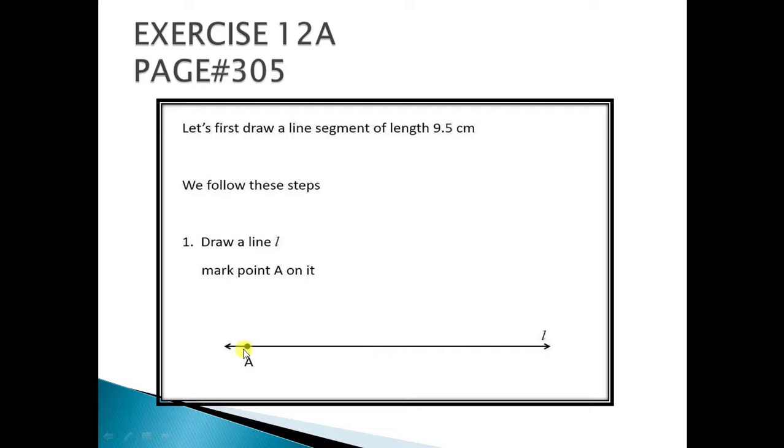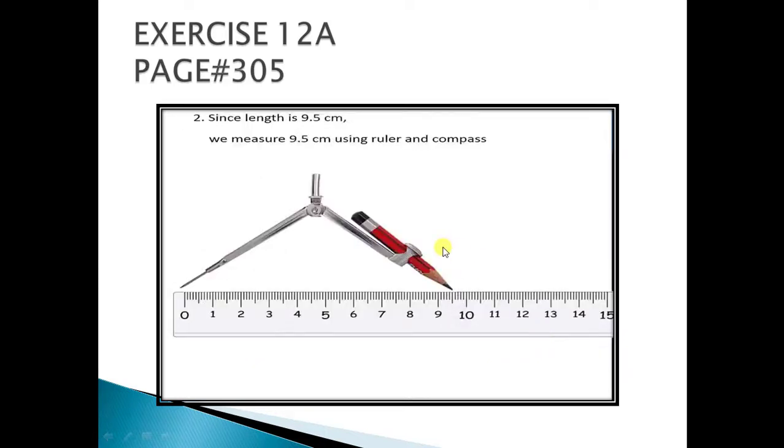This is our line, and here we mark a point A, and this line is L. Now point 2: since the length is 9.5 centimeter, we measure 9.5 centimeter using a ruler and compass. This is the ruler, this is our compass, and this is our pencil.